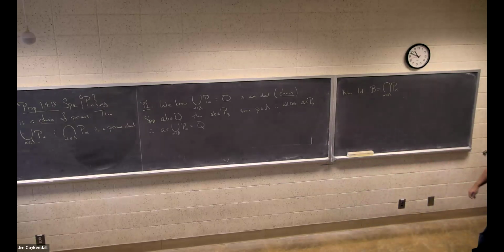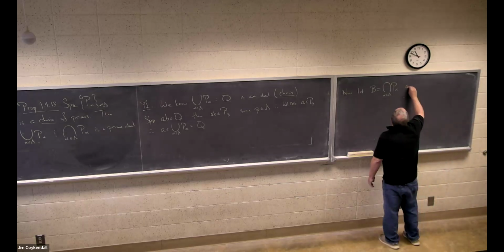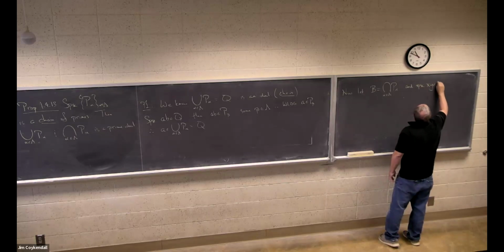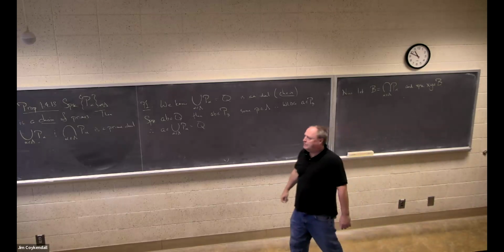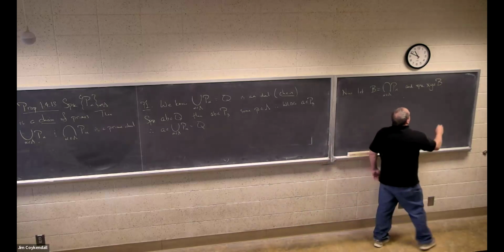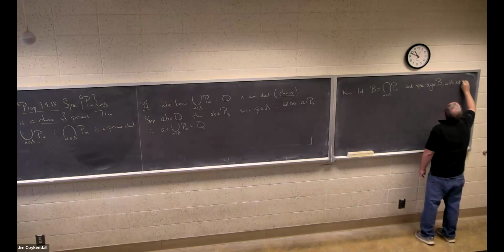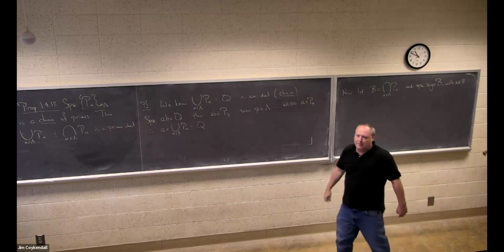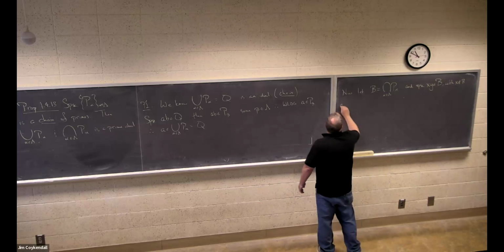I claim that B is prime. Suppose XY is in B and X is not in B. Now our burden, of course, is to show that Y must be in B. What does it mean for X to not be in B?